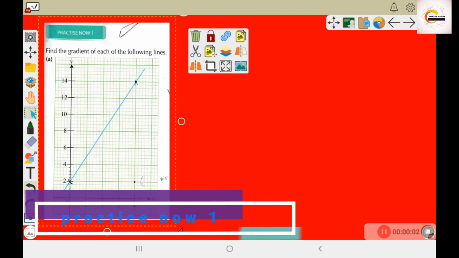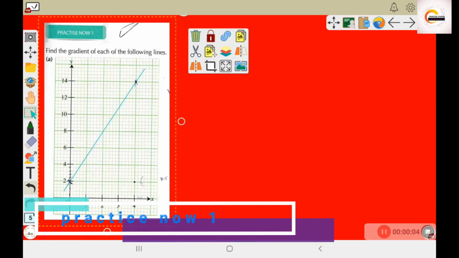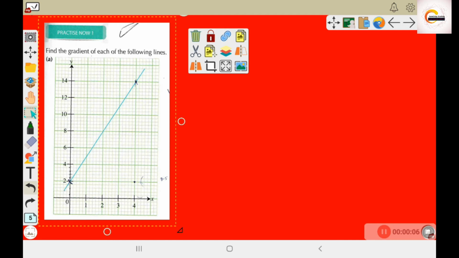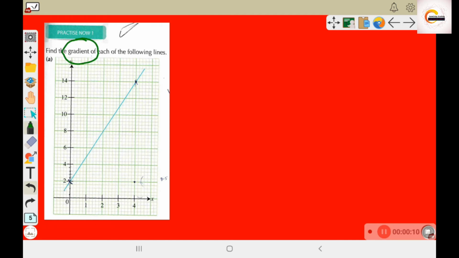Practice now, part A. Find the gradient of each of the following lines. Very simple. All we have to do is find out 2 points on this line, such that we can make a right angle triangle.